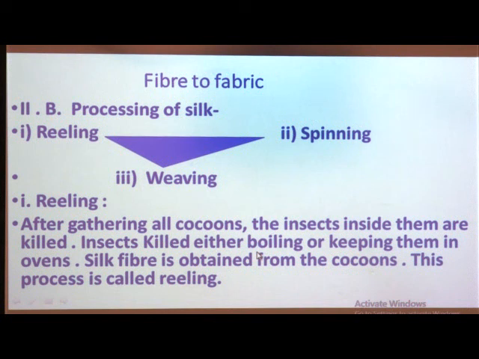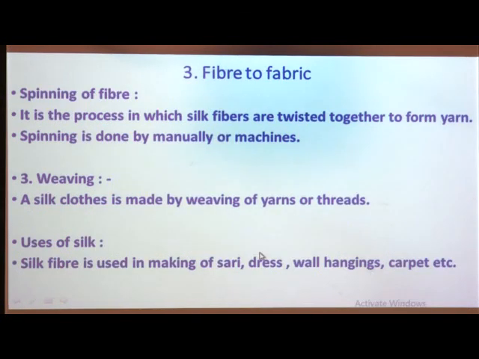So let us move to the next process, which is spinning. Spinning of fiber is the process in which silk fibers are twisted together to form yarn. These silk fibers twist together and form a yarn, and spinning is done manually or by machines.